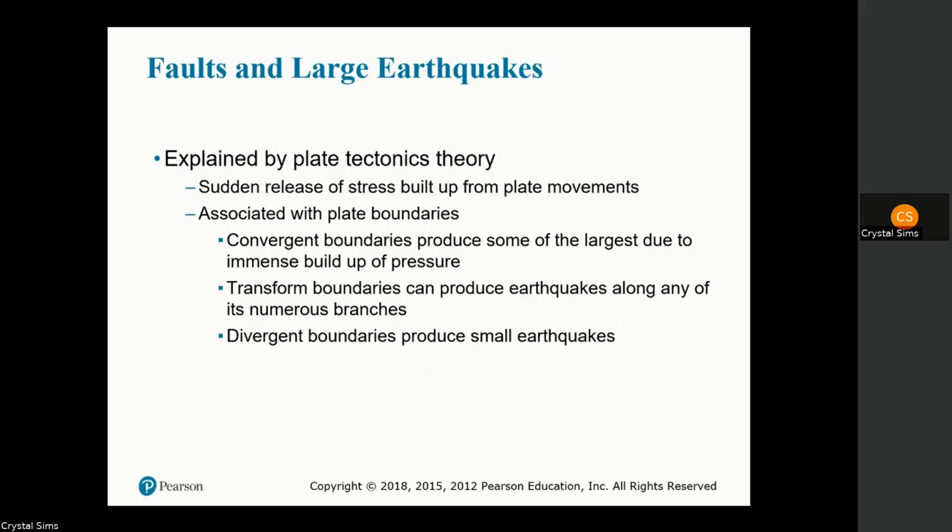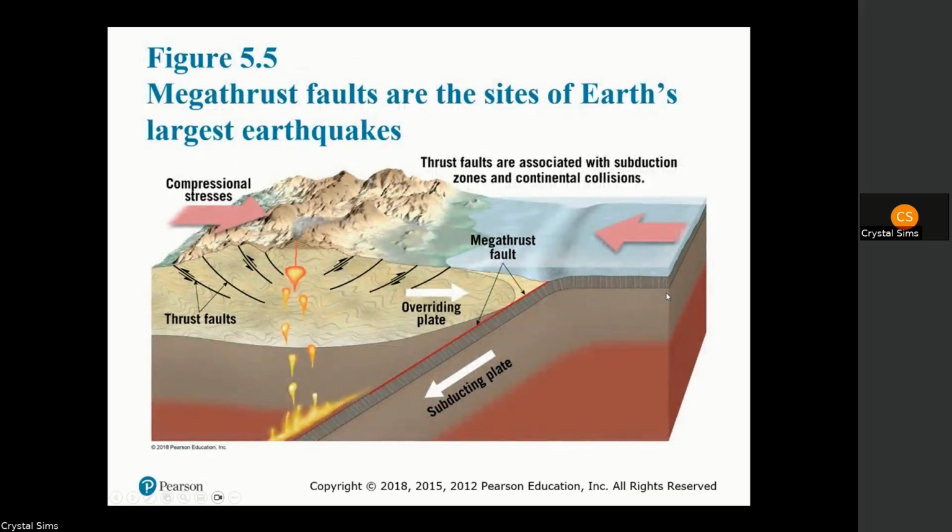Most of our strongest earthquakes occur along convergent boundaries. Remember that with convergent boundaries, this is where one plate is colliding with another, and this results in compressional forces. And these forces cause thrust faults across the Earth's surface.